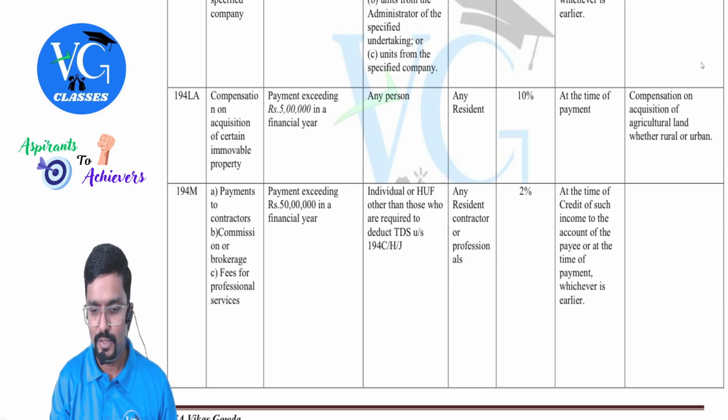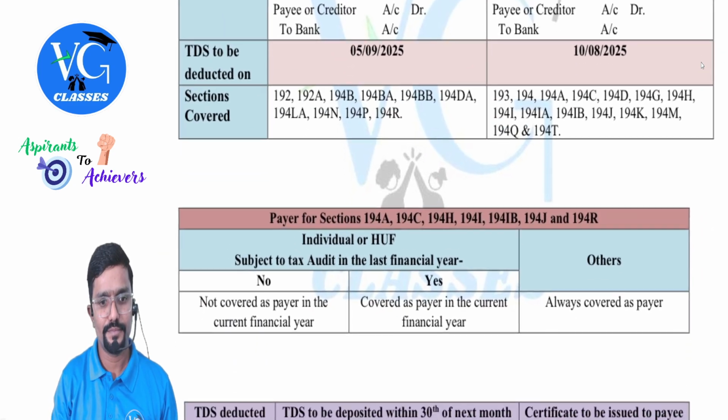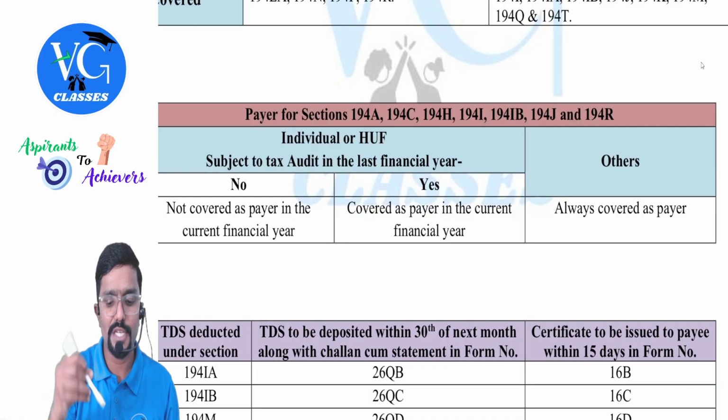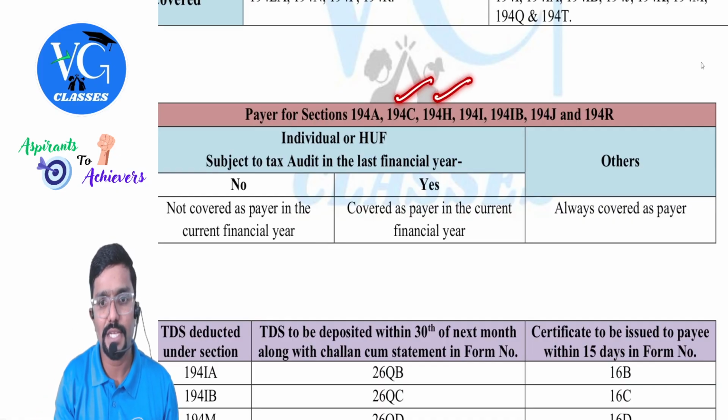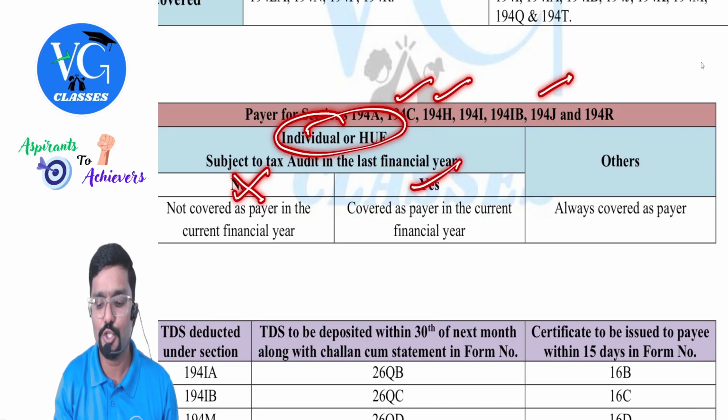So, in simple, for these three sections, that is 194C, H and J, the payer will not include an individual or HUF who was not subject to tax audit last year, correct? Yes. Whereas these two people are counted.